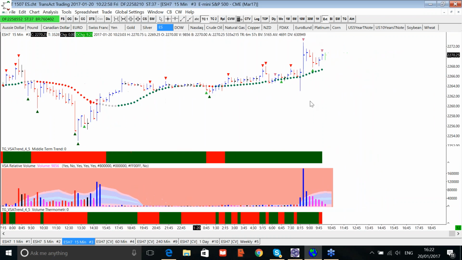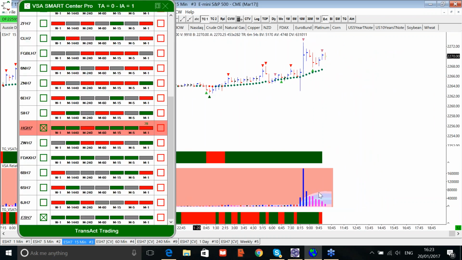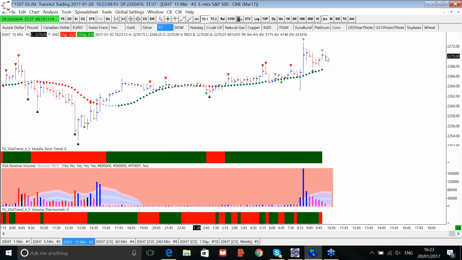Okay, now if this bar closes like this next to that bar, strength has arrived. So we've got an alert there on the HG contract. If that holds like this in the next 7 minutes, that will whack up very, very quickly. Okay.